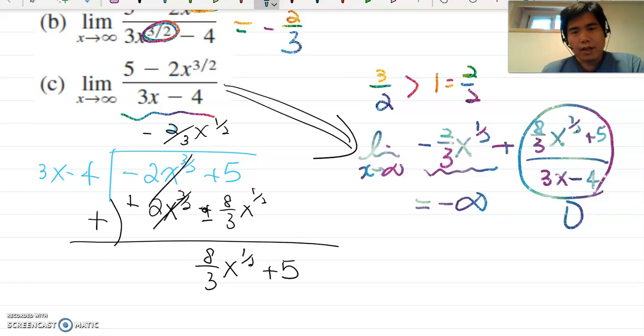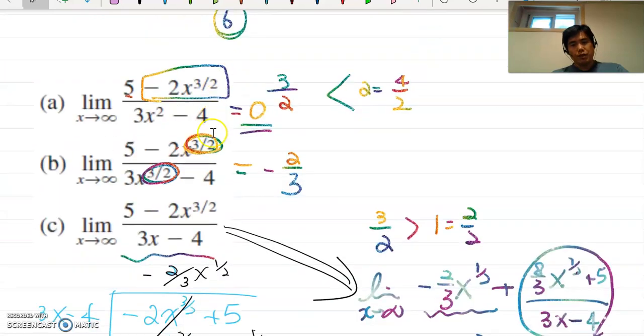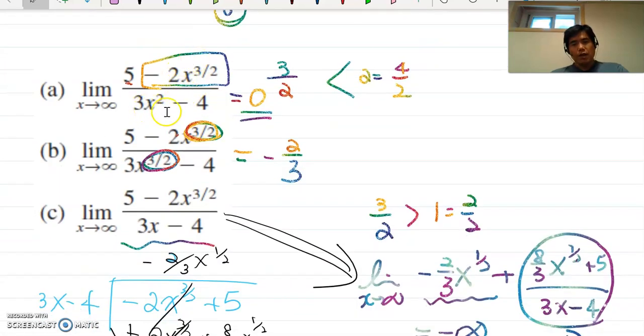So now we have covered all 3 different scenarios: when the numerator degree is smaller than the denominator's, when they are equal to each other, and when the numerator degree is bigger. So the summary is, if the numerator degree is smaller than the denominator's, no matter what, the limit becomes 0.